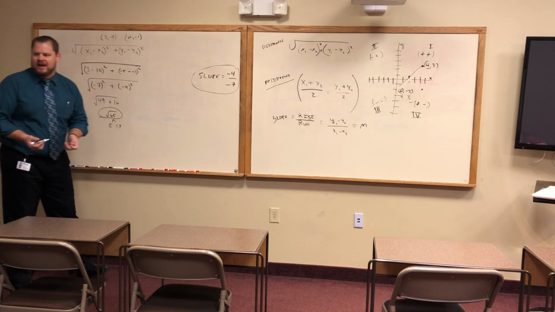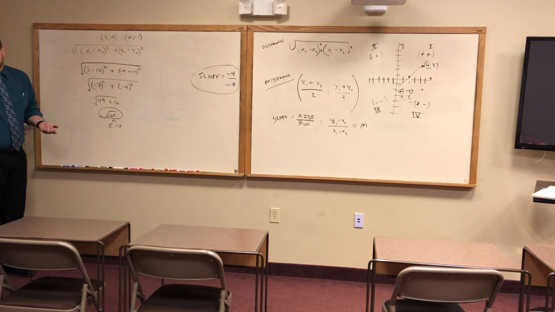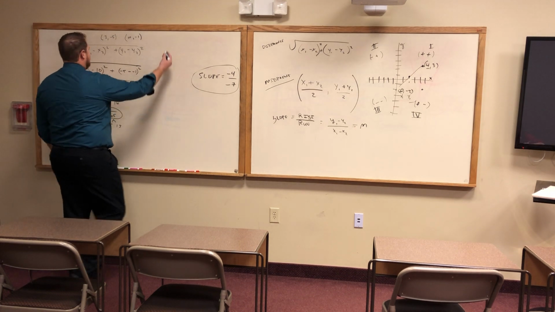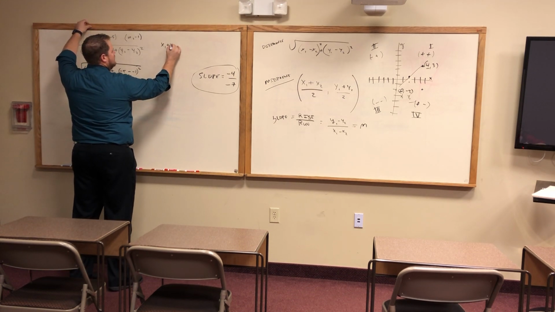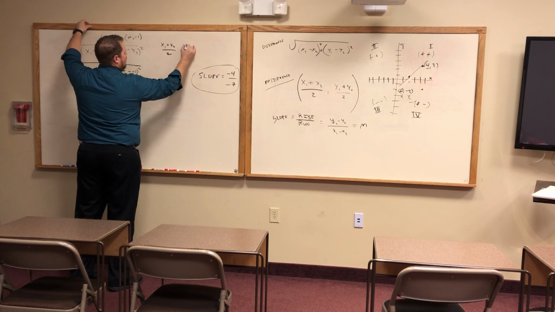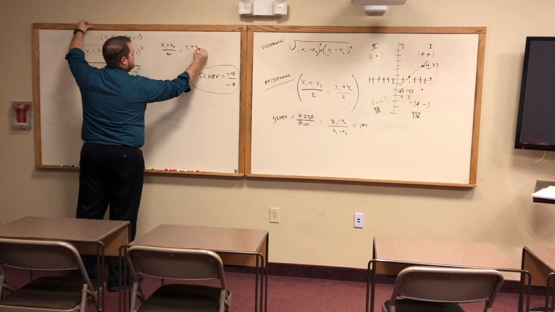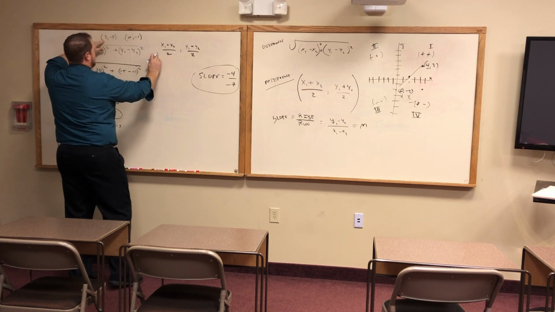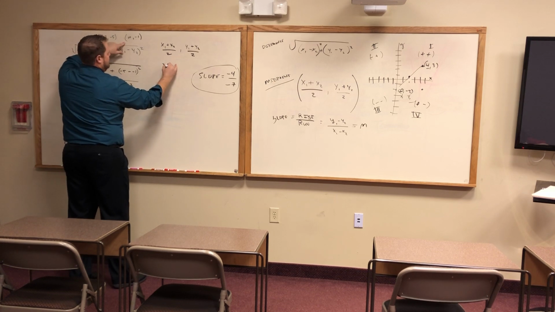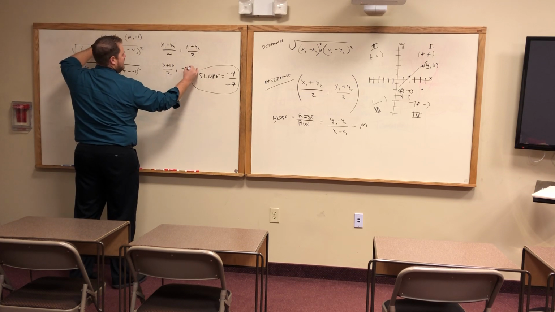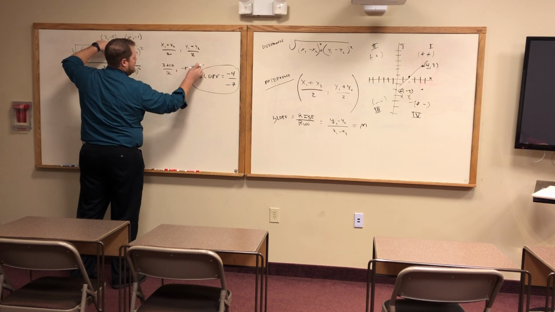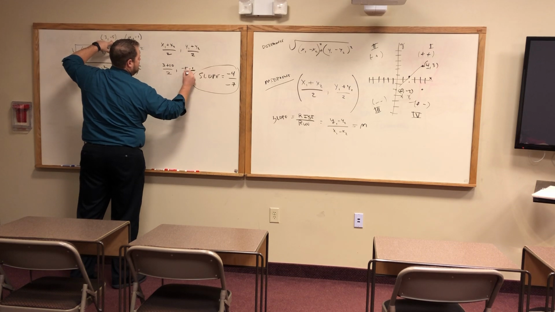So what's our midpoint now? We just have to do the midpoint. What do we do at midpoint? It's a sum, right? So what's our equation? x1 plus x2 over 2, comma, y1 plus y2 over 2. So 3 plus 10 over 2, comma, negative 5 plus negative 1 over 2.